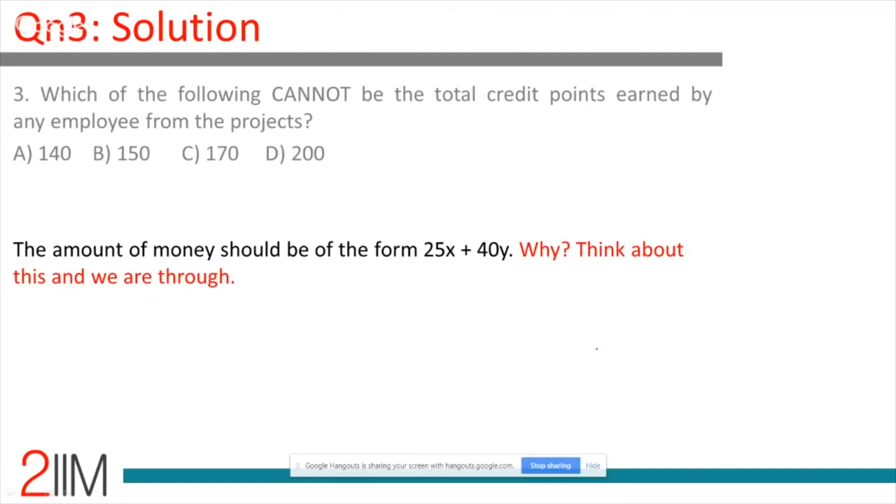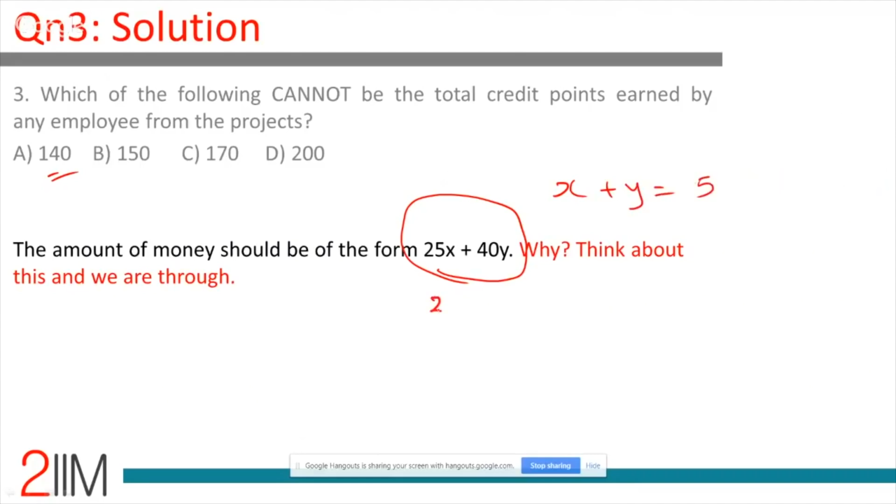The total credit points he or she will get is 25x plus 40y. x can go from 0 to 5, y can go from 0 to 5, x plus y is 5. Those are the other variables. Some months he works on regular projects, gets 25 points. Some months he or she works on challenging projects, you get 40 points. Any number here that can be represented as 25x plus 40y, where x plus y is 5.